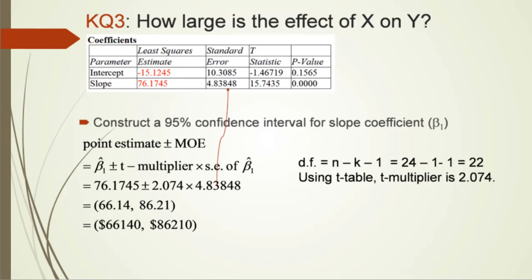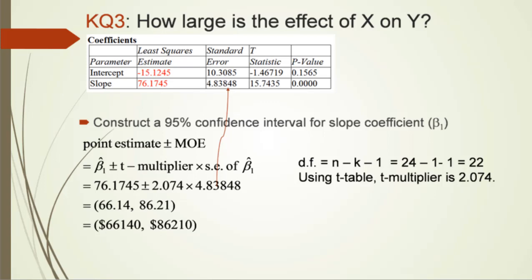Point estimate is just a slope coefficient estimate, that is beta 1 hat, that is 76.1745. The MOE is the product of a t-multiplier and the standard error of the slope coefficient. The standard error is given in the table, that is 4.83848. The t-multiplier can be found using the t-table.